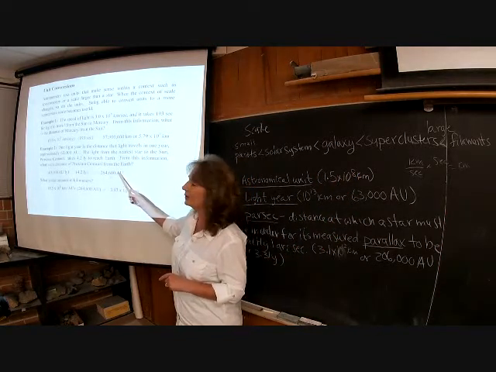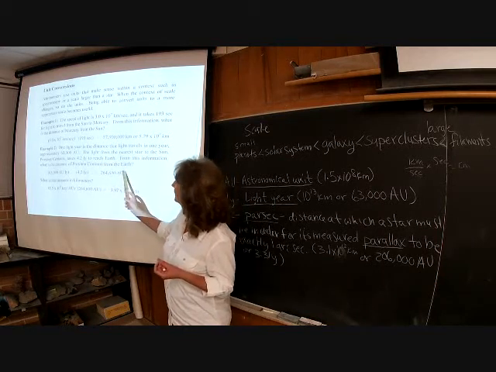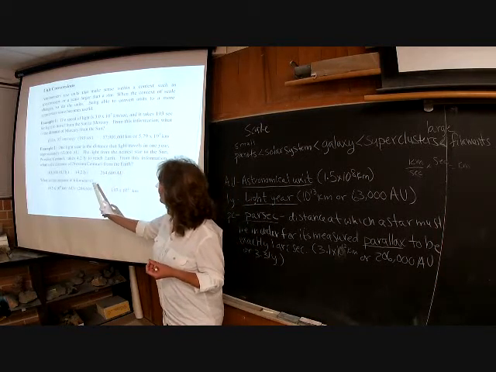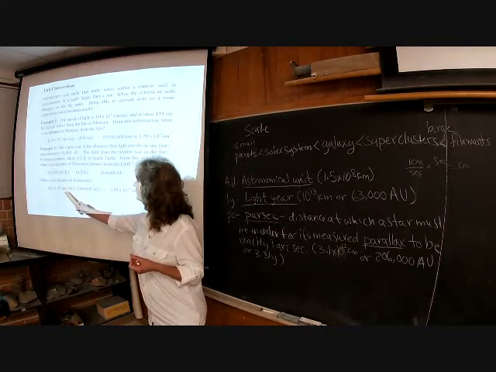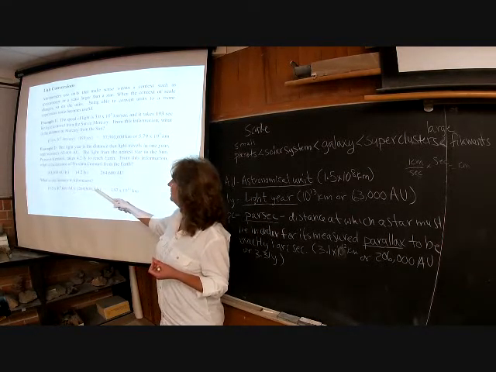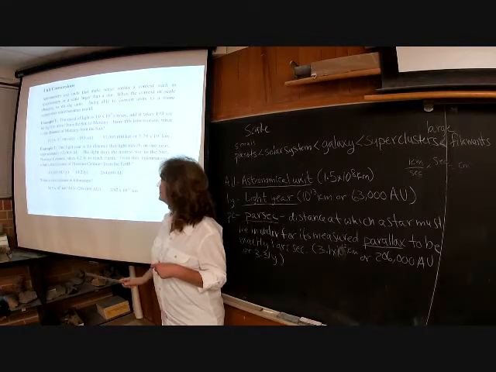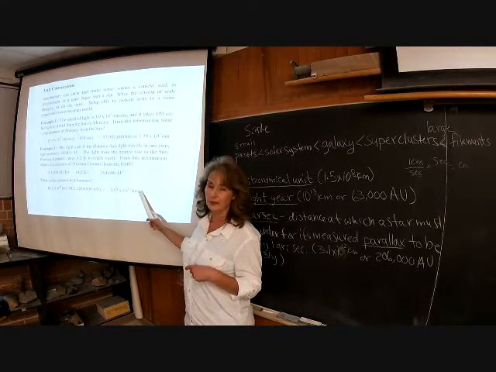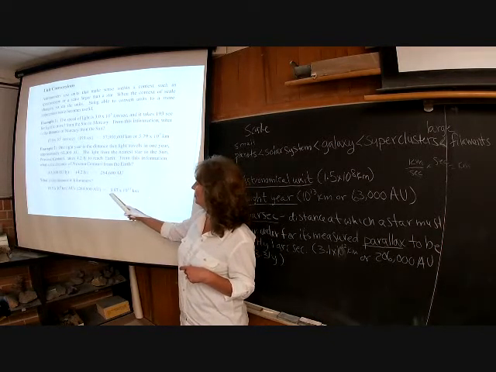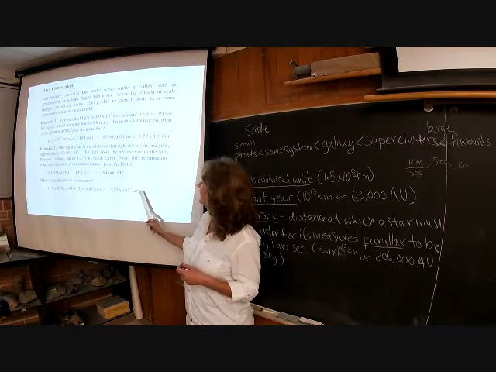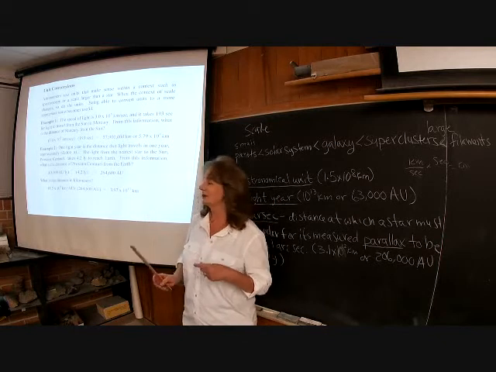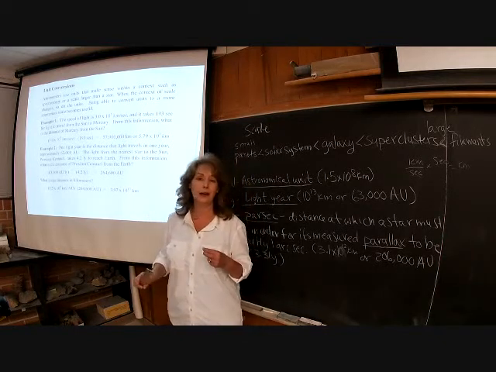We've already found what it is in AU, so we use that information from up there and bring it on down here. So that's kilometers per AU, and that's AU. AU cancels, and you're left with kilometers in your unit conversion. So 3.97 times 10 to the 13 kilometers. And so that's just a little playing around.